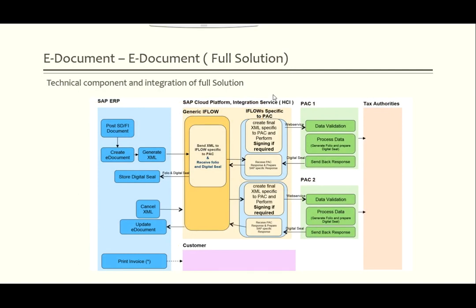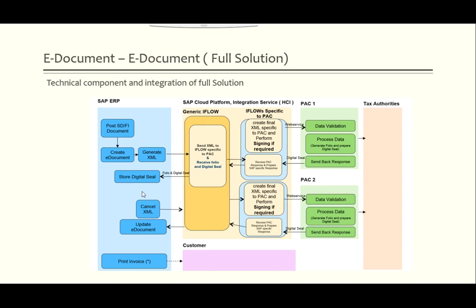And this is the data flow, or you can say the technical architecture, of the e-document framework. On the left hand side, we have SAP ERP. In SAP ERP, we are generating the SD and FI documents. Then it creates an e-document. Once the e-document is created, when we submit it, it will generate the XML file.